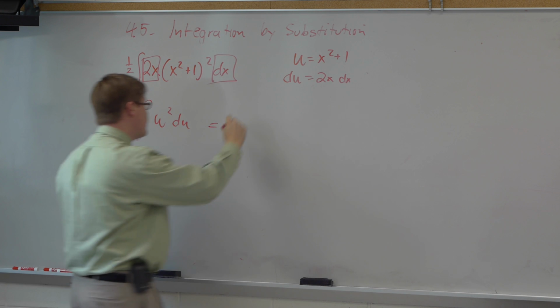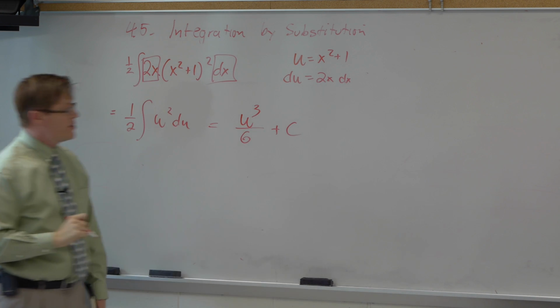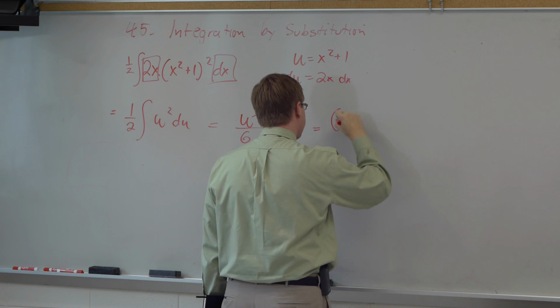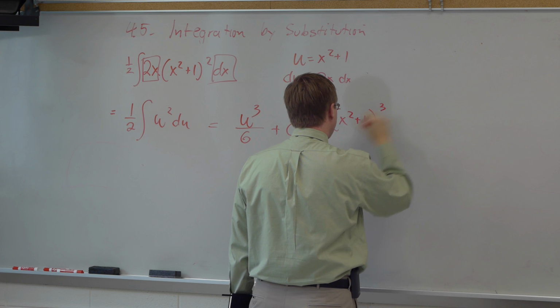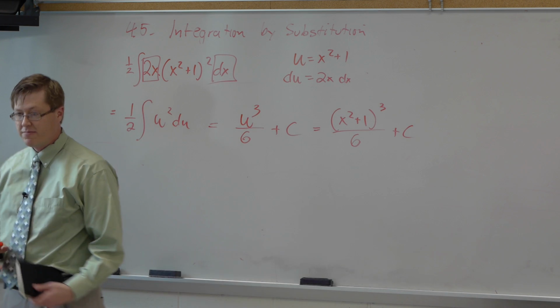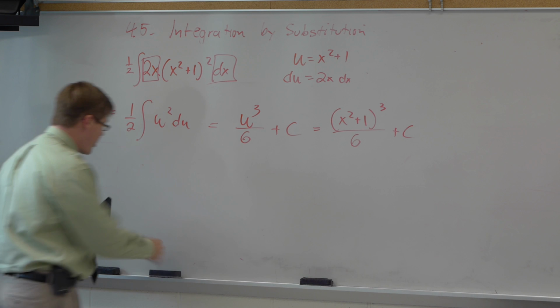So the integral of this is going to be u cubed over 6 plus c. (x squared plus 1) cubed over 6 plus c. Questions? Okay, let's do a couple more.